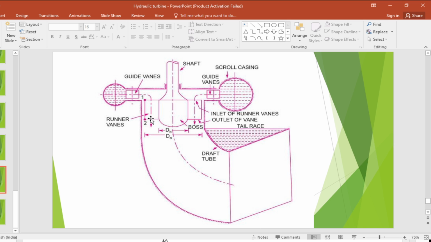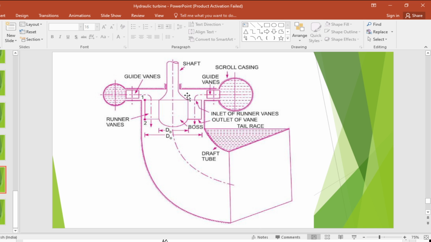Now the water from the penstock enters the scroll casing here and then moves through the guide vanes. From the guide vanes the water turns through 90 degrees and flows axially through the runner.